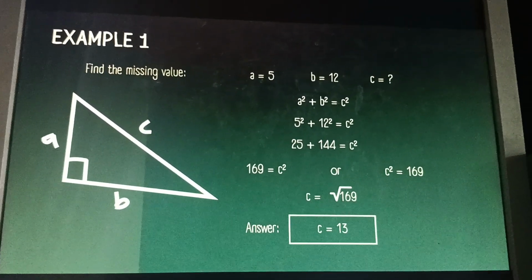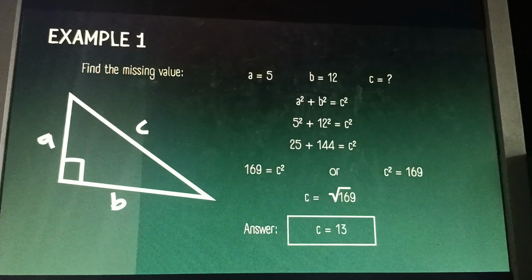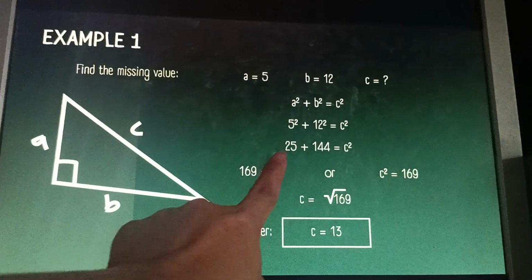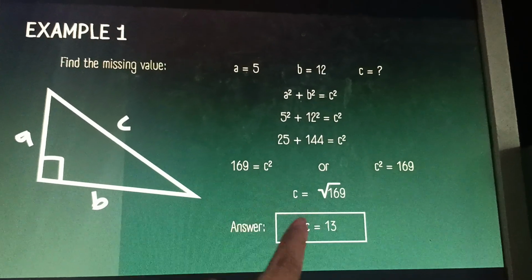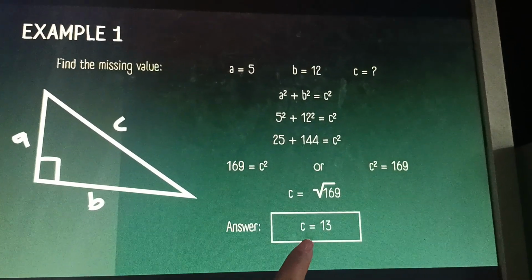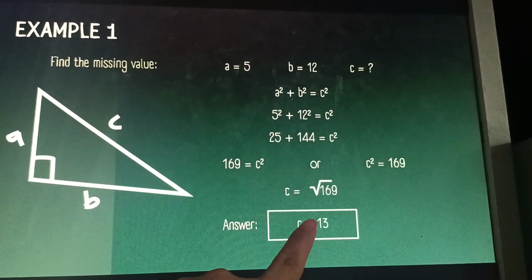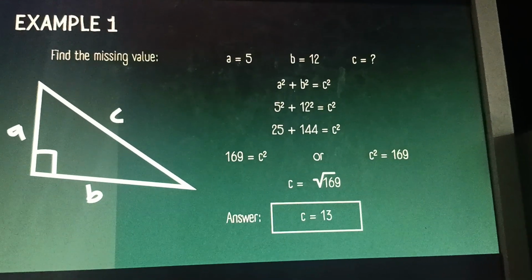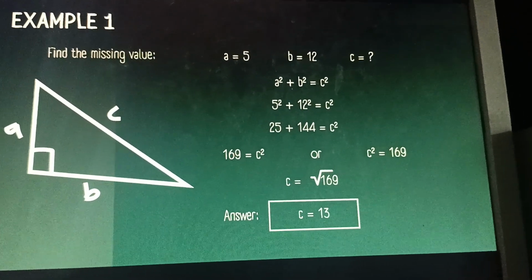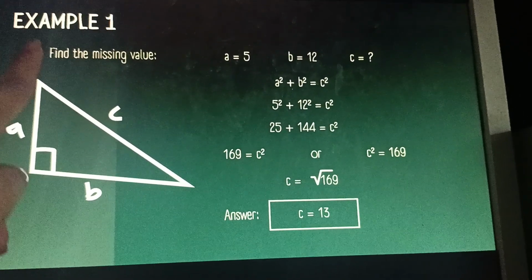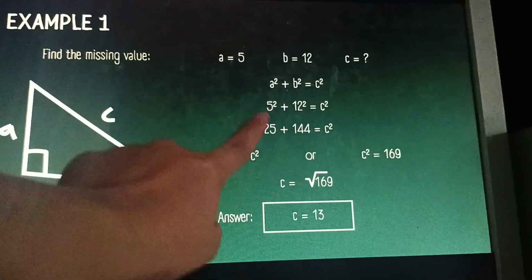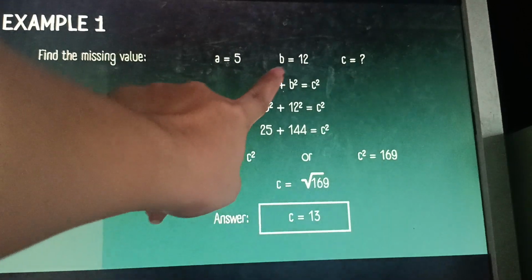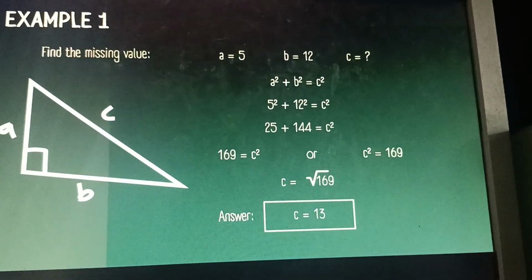We need to find the square root of 169. The square root of 169 is 13. So c is equal to 13. The value of the hypotenuse, c, is equal to 13 if a is equal to 5 and b is equal to 12.